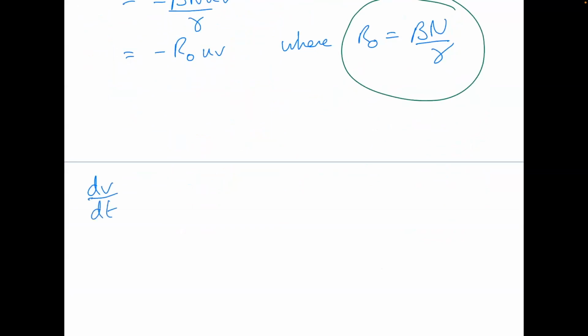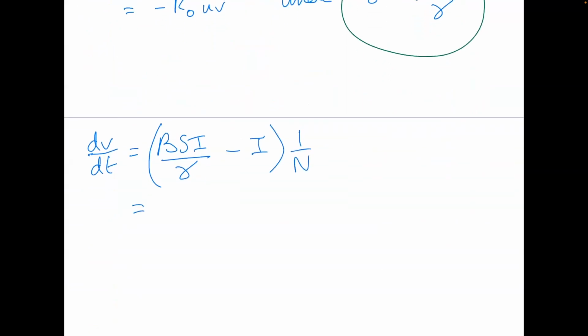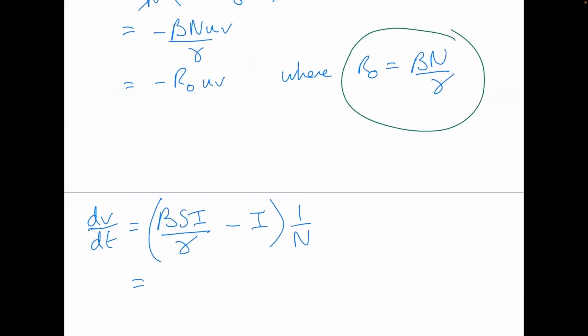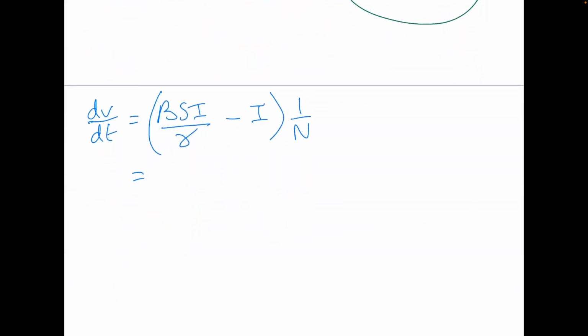For the infected class, I'm going to have beta SI over gamma minus I, times by 1 over N. If I do my substitutions, I'm going to have the same substitutions I had above because the beta SI over gamma term appears in both of these equations.